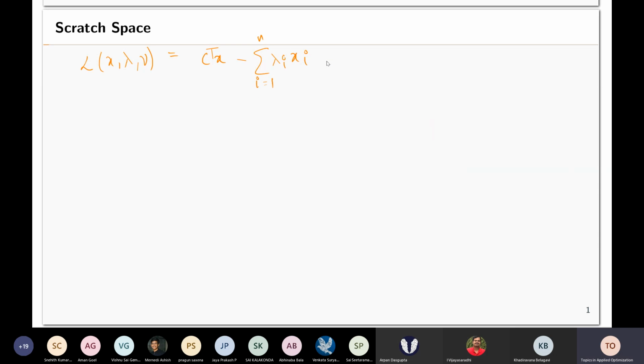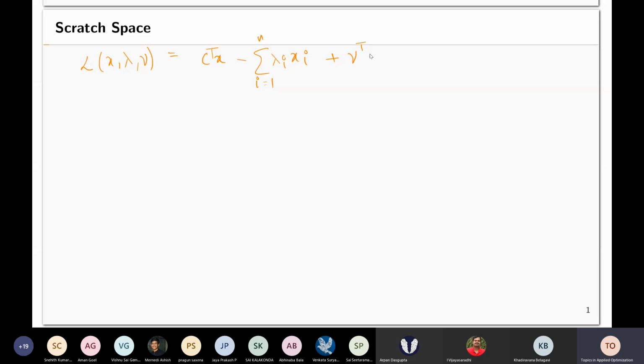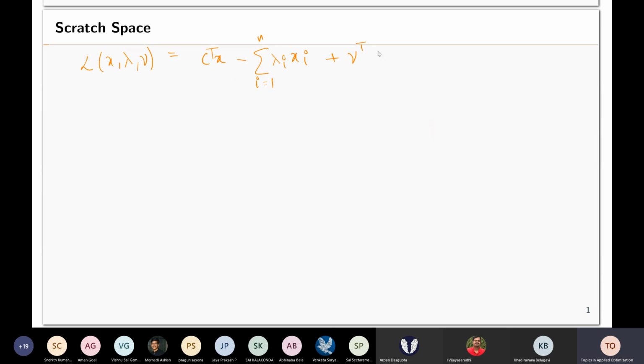Okay, n length vector, plus nu transpose. So this minus came because of this minus, so I took the minus out here, and nu transpose, and then the equality constraint. For the equality constraint, I have to put b on the left, so this is Ax minus b. Here I wrote nu as a vector, here I wrote lambda element wise.